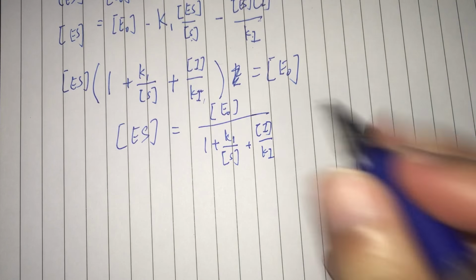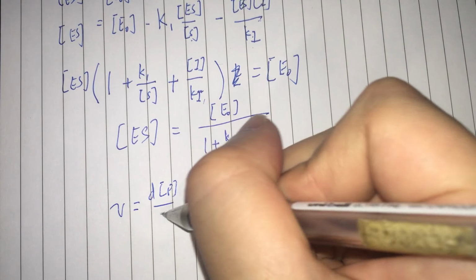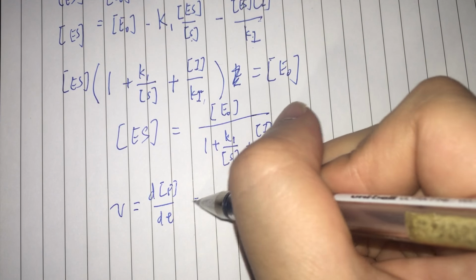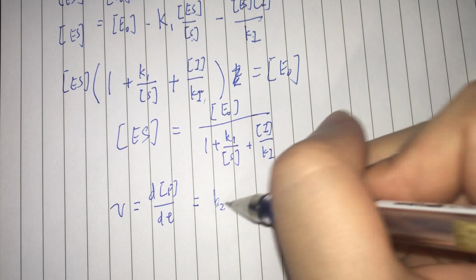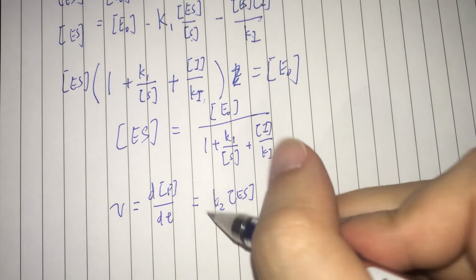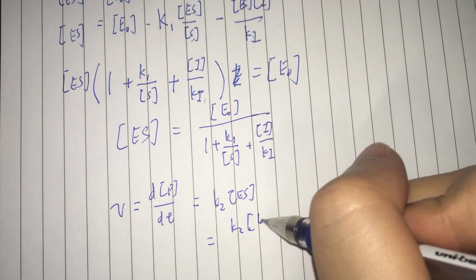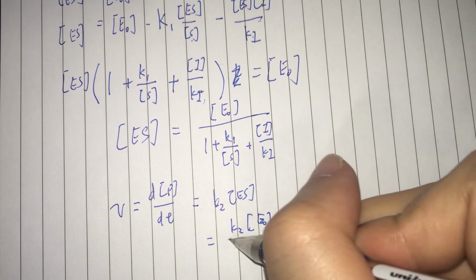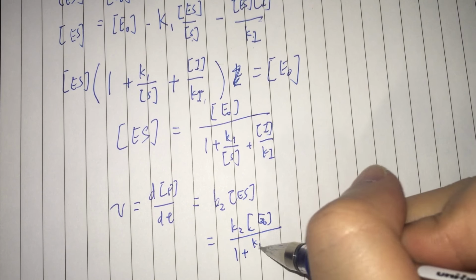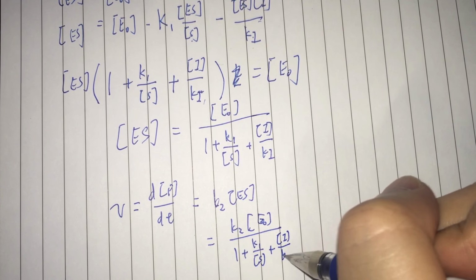Now we can substitute into our first equation, which is this. V equals dP/dt, K2, which is K2 into ES. Now we can just substitute everything wholesale: K2 E naught over 1 plus K1 over S plus I over Ki.